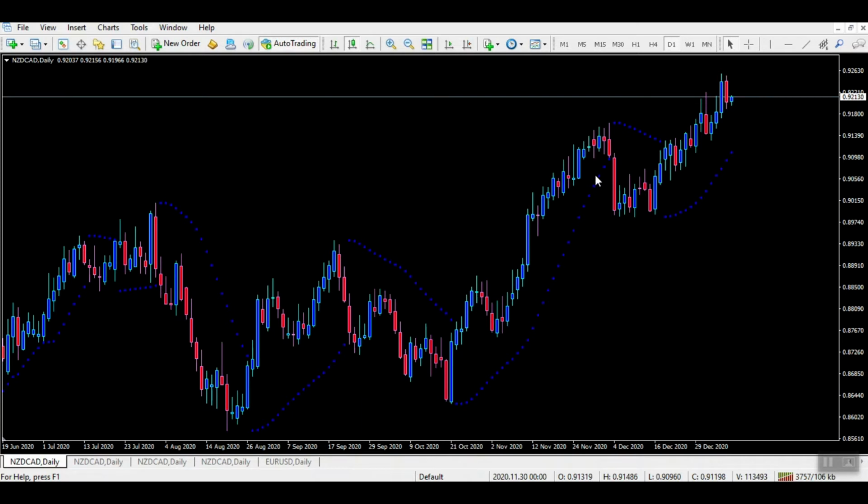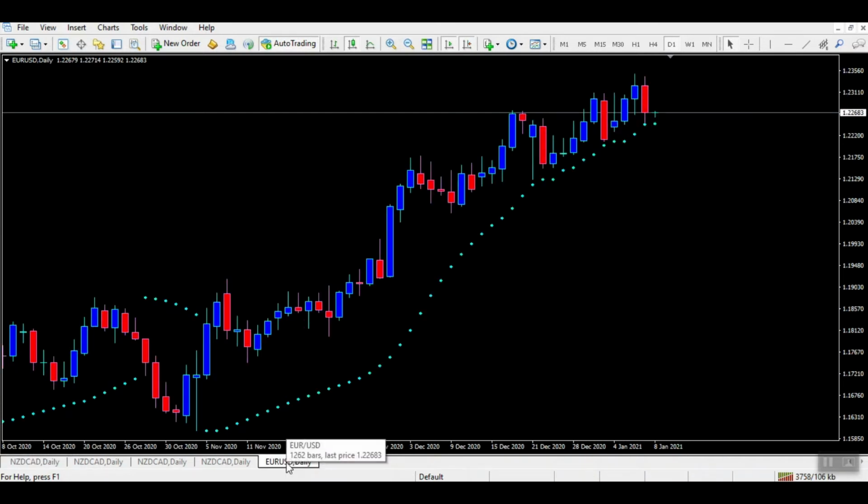I often say it's an uptrend until PSAR says different. And as much as I hate it, the Euro USD, I don't have any Euro USD trades. I'm flat. The Euro USD has been in an uptrend for a long time, and it's going to be in an uptrend until PSAR says different.